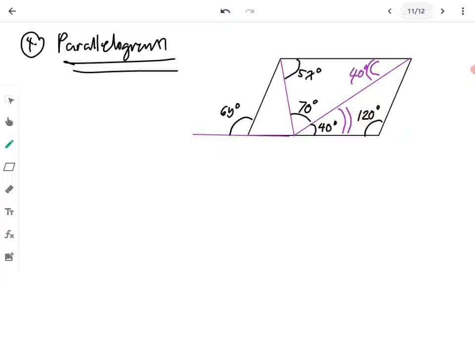Again, in a parallelogram, opposite sides are parallel, meaning if you put a transversal, which is the purple line, you will have alternate interior angles. So look at the 5x, the 40 and the 70 are now interior angles of a triangle. So we add all of them to add up to 180 degrees.